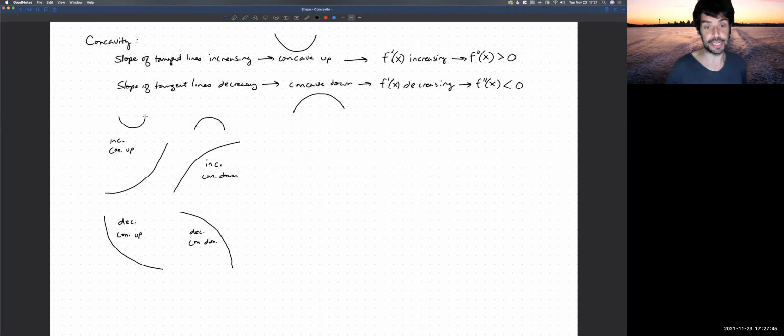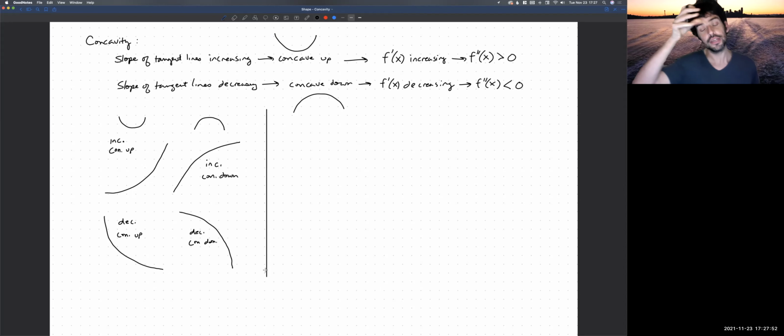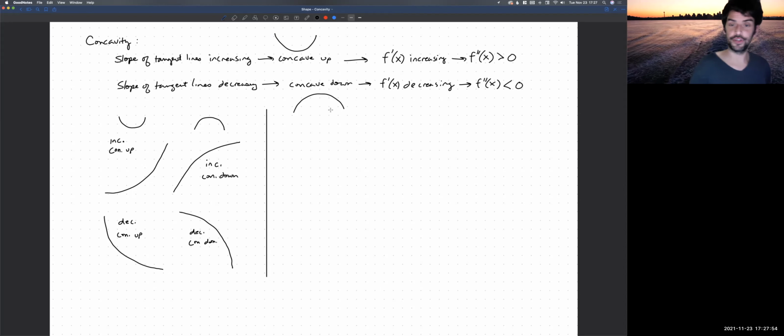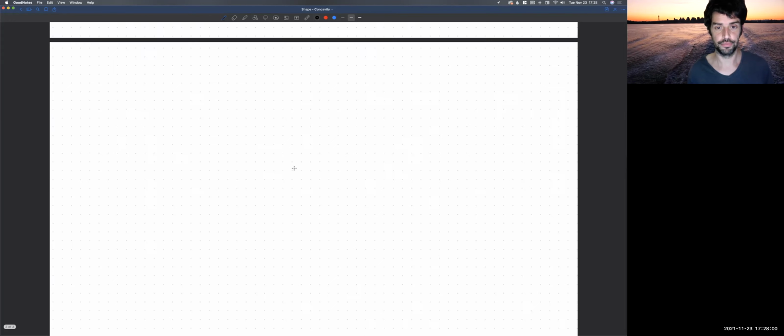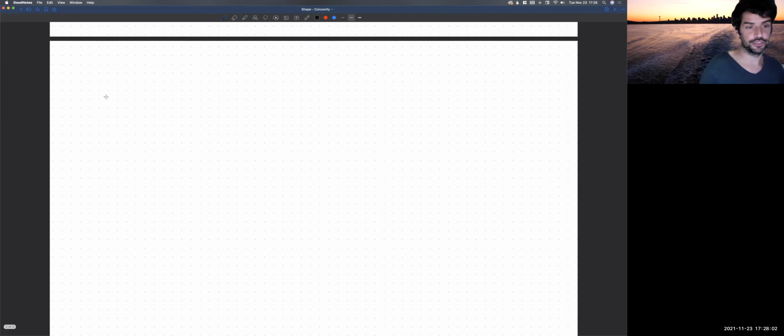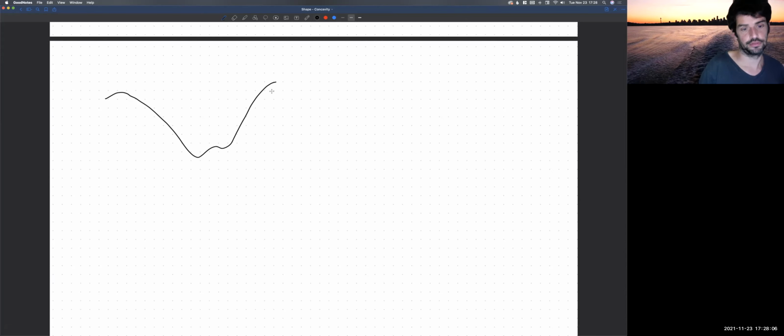But there's a big point we can make with this. Let's start a new picture. If we have a function, let's look at this point here. So this is our function f of x.